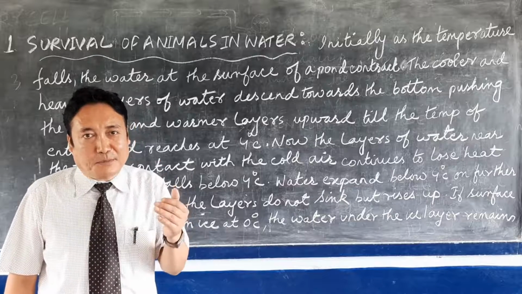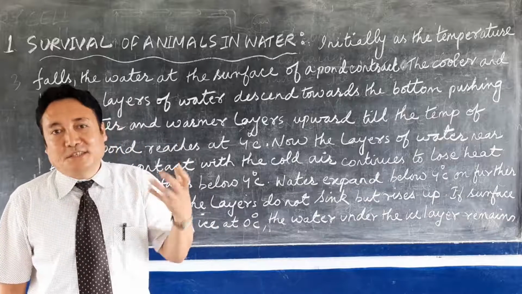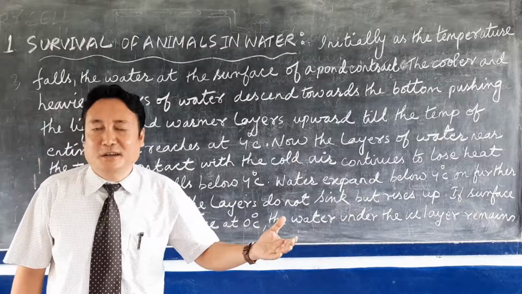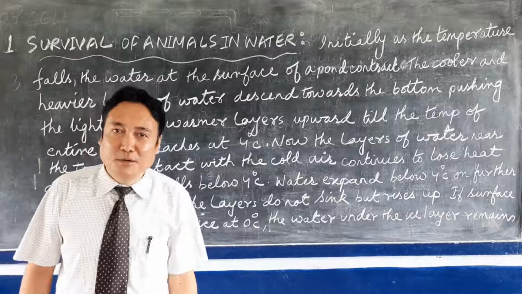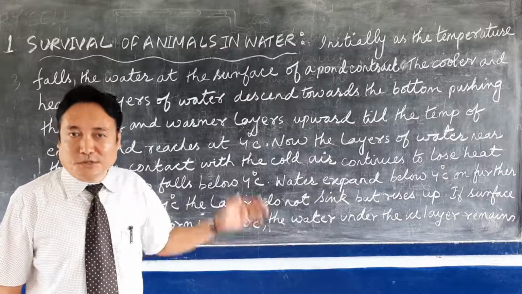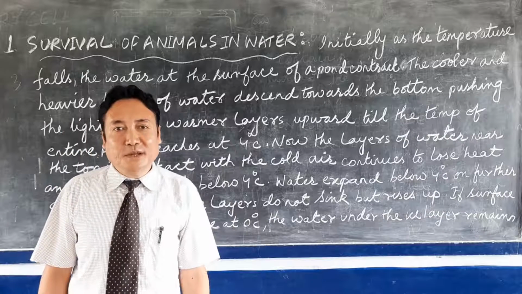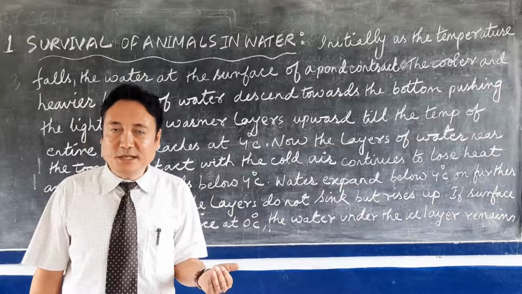And therefore the temperature of the water below the ice still remains at 0 to 4 degrees Celsius, which is in expanded form. So therefore, the aquatic animals are able to survive in water. So this is how the aquatic animals can survive even if the temperature on the surface of the water goes below 0 degrees Celsius.